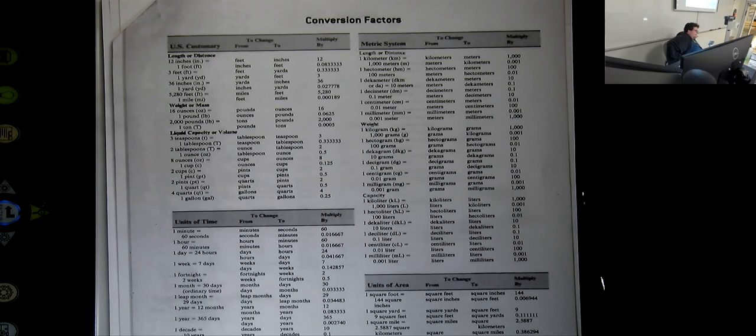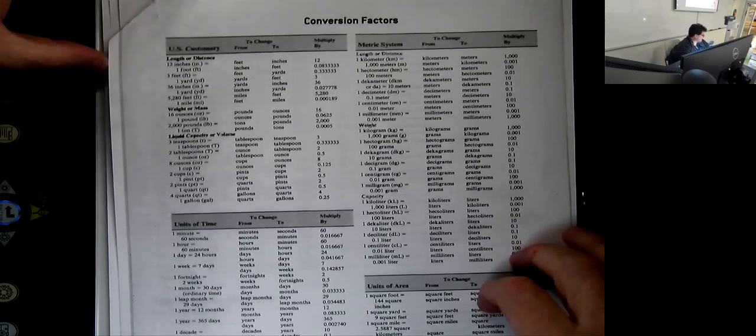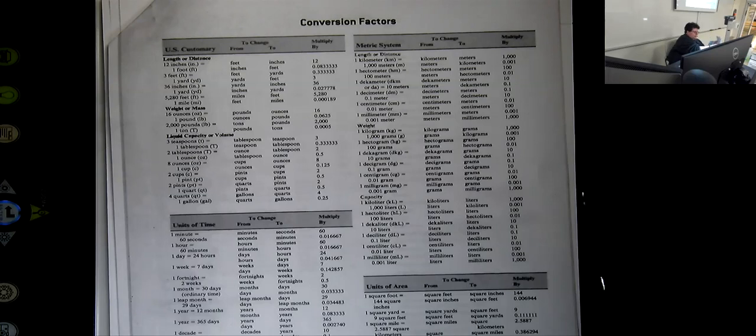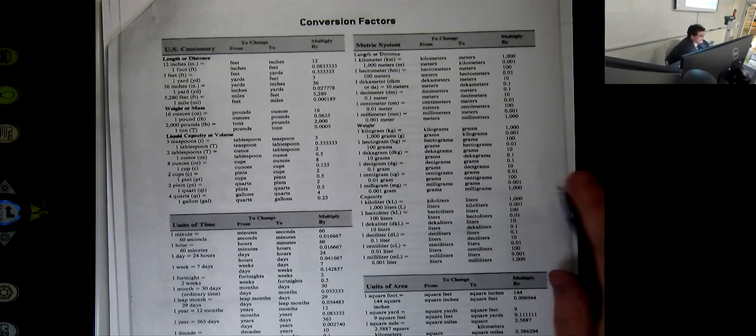So what we're doing, that conversion bridge we just talked about, this chapter is all about conversion bridges. Use this on the homework. I will give you what you need with this on the test. You do not need to memorize these things.